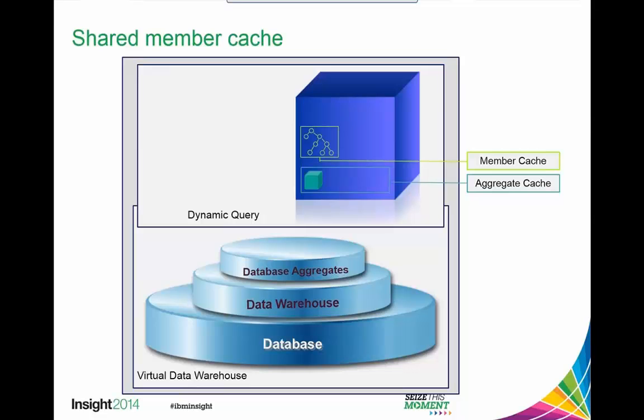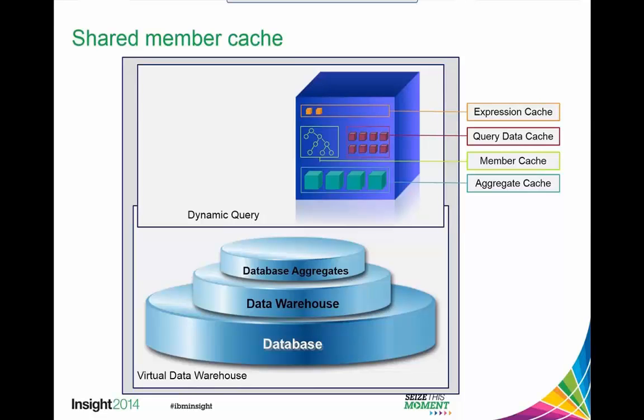After that is the aggregate cache. If you have in-memory aggregates, they get loaded in parallel right after the member cache has completed loading, and as queries start coming in, we'll start populating things like the query data cache, the expression cache, as well as the result set cache. So that's all fine and well, as you have an existing cube here.